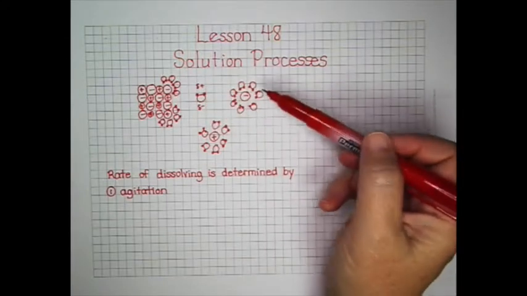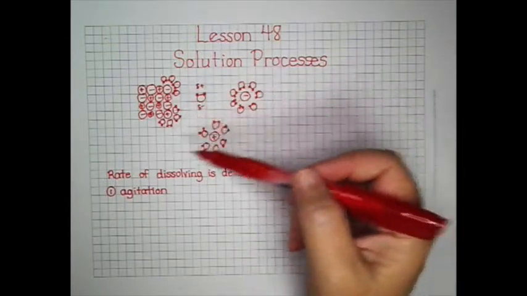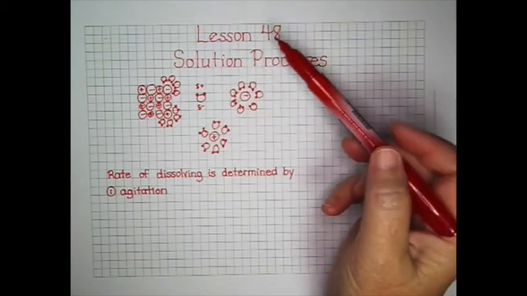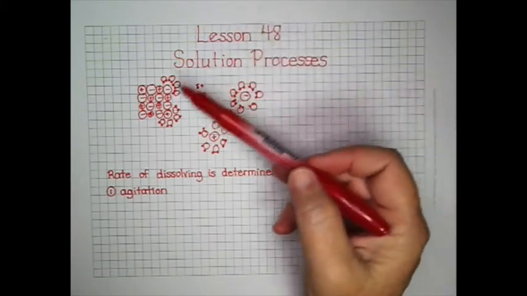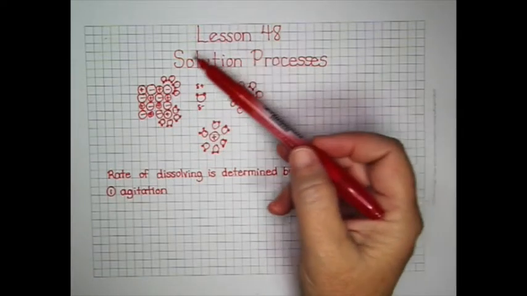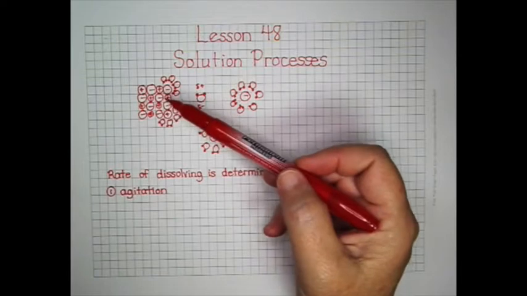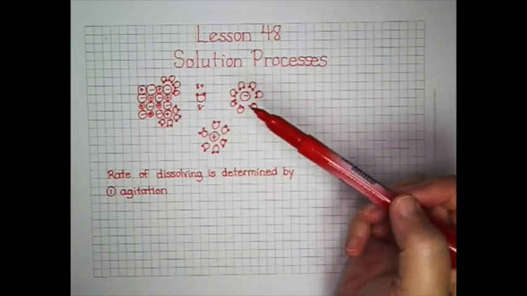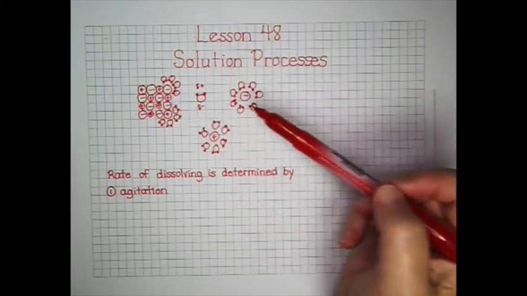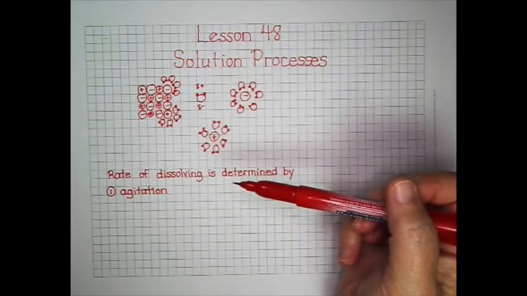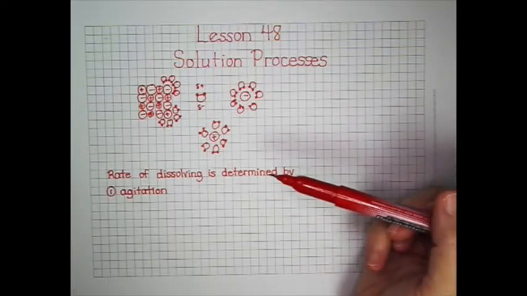It's fully involved. And so if we stir it or shake it or agitate it in any way, that brings the water molecules that have not yet encountered this solute crystal, brings them down here where they are in contact with it, and so they can start pulling off more and more and more of the ions. So bringing in a supply of fresh solvent is a good thing, and you do that by stirring it up. Of course, stirring it makes it dissolve faster.